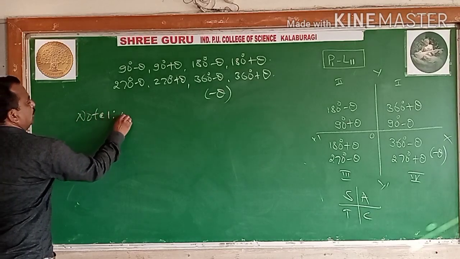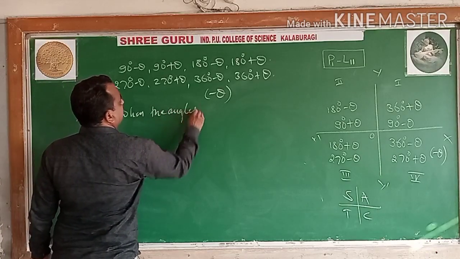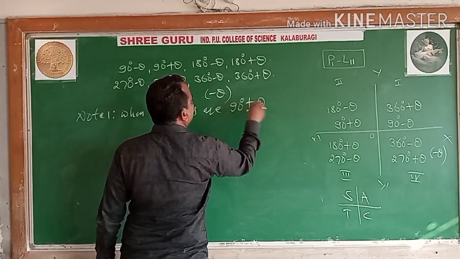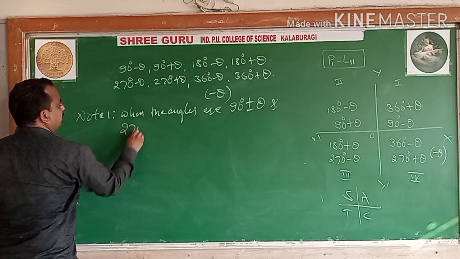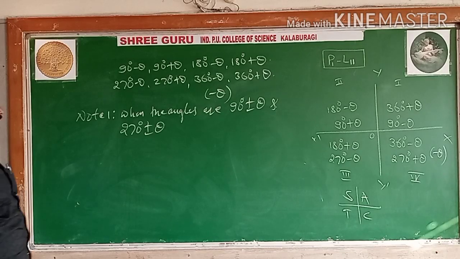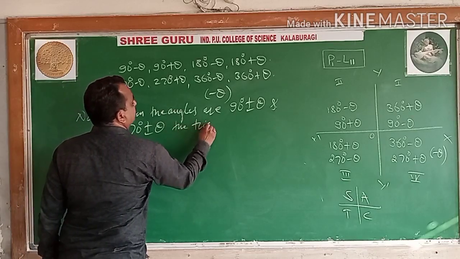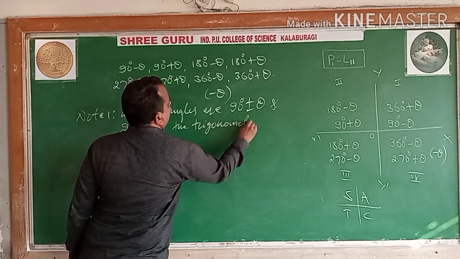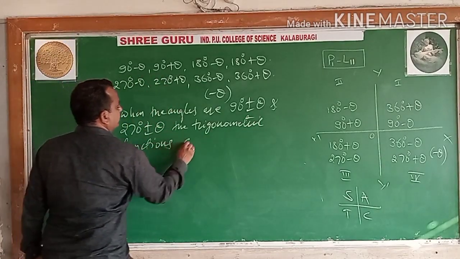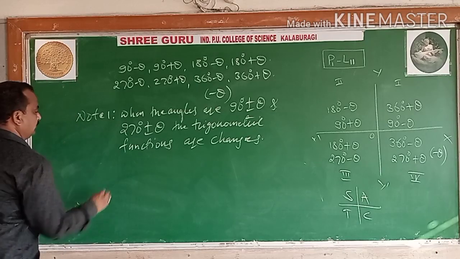Note 1. When the angles are 90 degree plus or minus theta and 270 degree plus or minus theta, the trigonometric functions change.